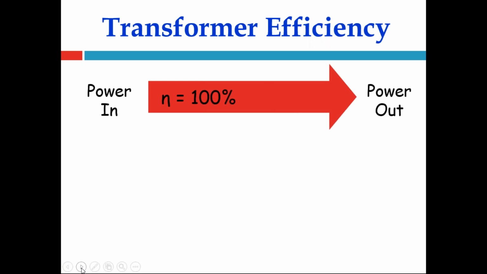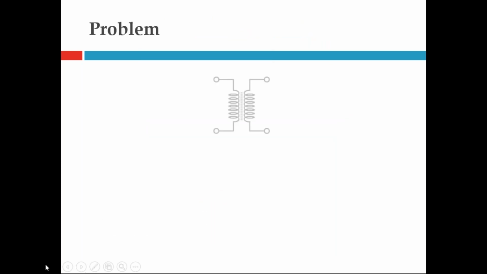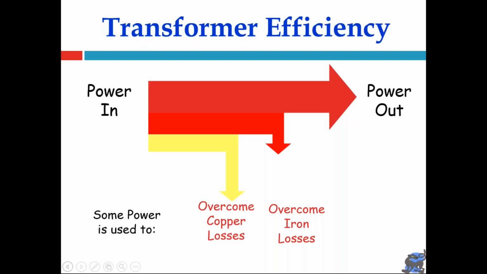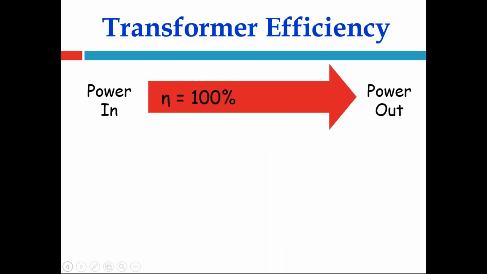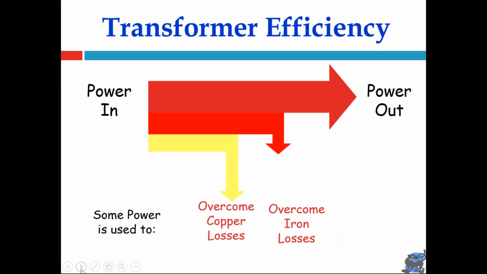See here, this is the power flow of the efficiency. For a transformer, we get power input and power output with 100% efficiency. Out of 100%, we get some losses: this power is lost as iron losses, and this is the power we use for copper losses.